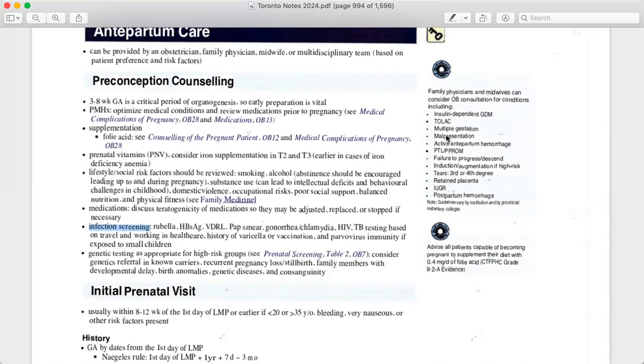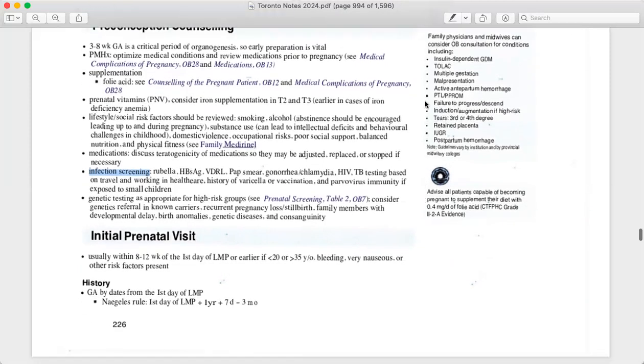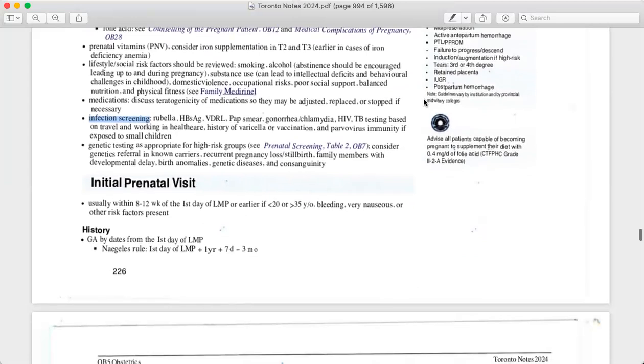Malpresentation, multiple gestation, insulin dependent GDM, antepartum hemorrhage, preterm labor, PPROM, then failure to progress, induction, and tears in the third or fourth degree. They might need to stitch, and then retained placenta, IUGR, and postpartum hemorrhage. So in these conditions, they might need the obstetric consultation. So this is important. They can ask you in MCQs and they can ask you in the CDM question.